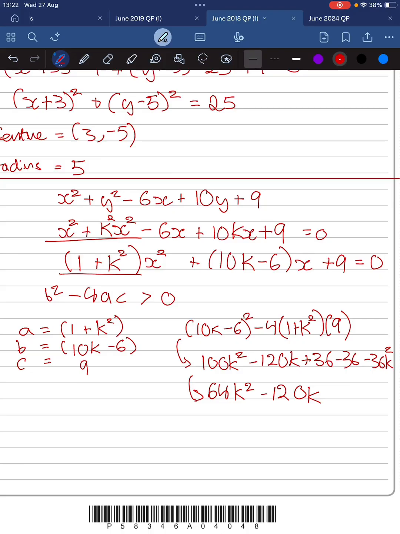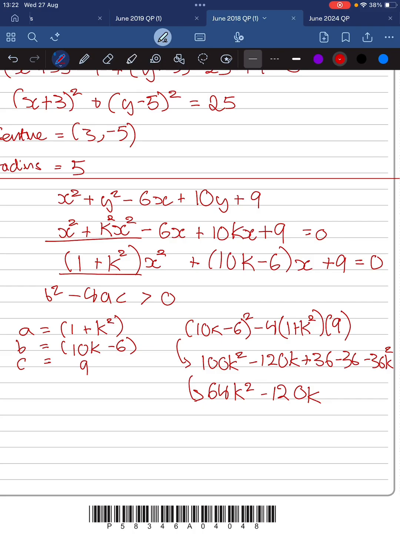Now, in the mark scheme, well, not the mark scheme, I'm following the model answers here. It begins to break it down even further. Now, I don't think you would have to do that. You can go on your calculator and you select polynomials and treat it like k is x. Okay?